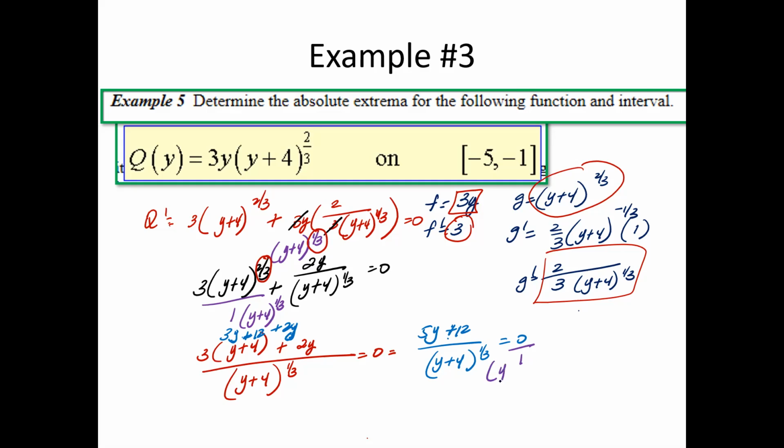If I multiply here by (y+4)... let's see, maybe I should keep it separate. (y+4) to the 3 over 3. Bring this up, I can do that.